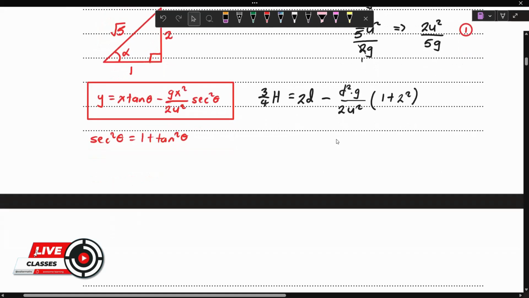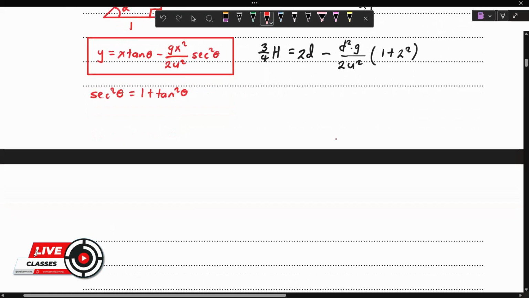Let's carry on. With what we have, I'm going to write it down here. It's going to be 3 quarters of h equal to 2d minus, this is 5, so we have 5 of d squared g over 2u squared.